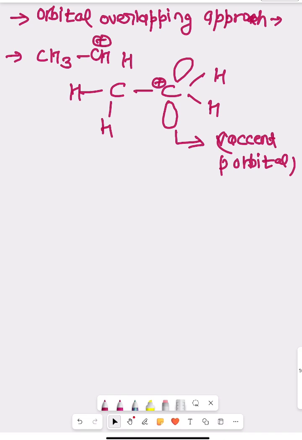Okay, this is your sp3 hybridized carbon atom. Now the bond transfer you have seen actually happens like this. This is your carbon's orbital and hydrogen's orbital.